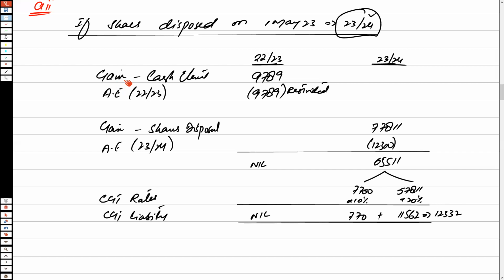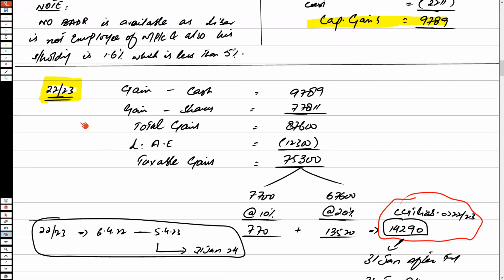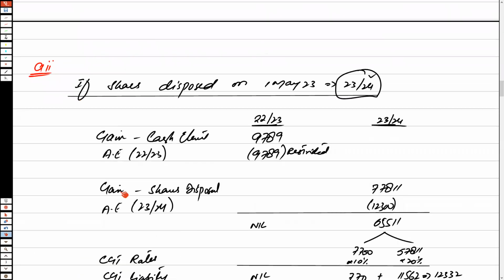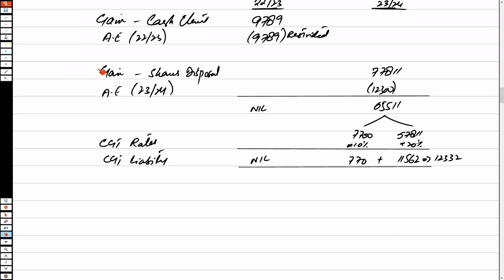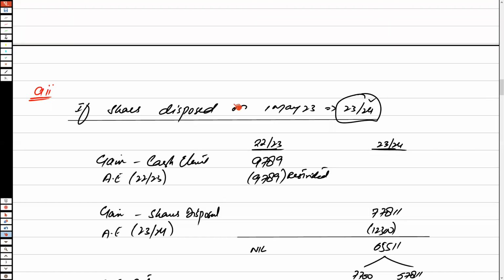Now you may feel a big difference. Once both transactions were in the same fiscal year, the total capital gain tax liability was 14290. But once the shares are delayed and disposal is in the next fiscal year, the overall capital gain tax liability is a lower amount as compared to the existing scenario.